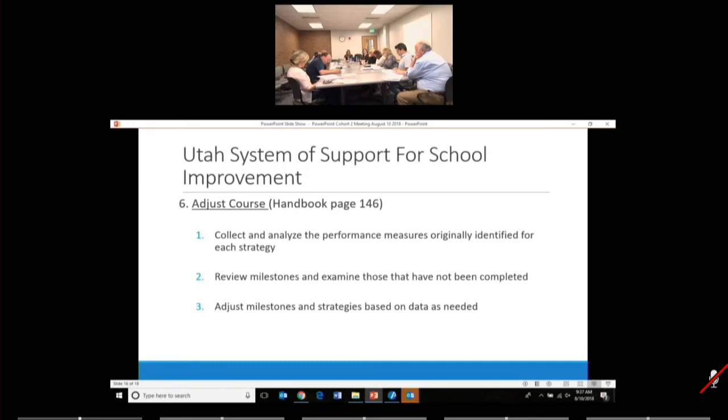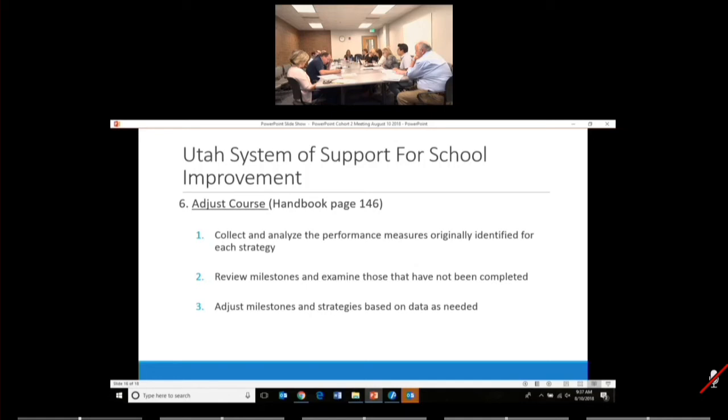At the very least, school and LEA leaders should on an annual basis do these things: collect and analyze the performance measures originally identified for each strategy under the domains that we're focused on, review milestones and examine those that have not been completed, and adjust milestones and strategies based on data as needed.